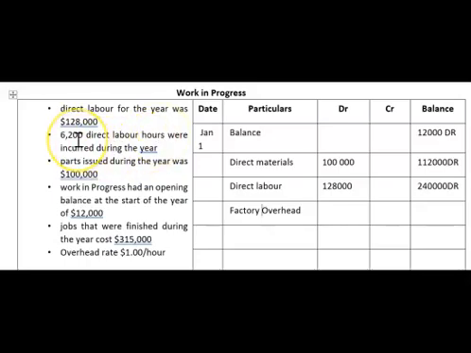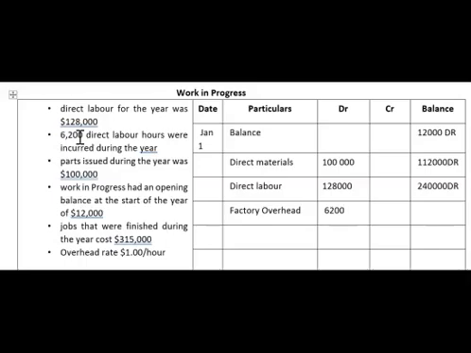So the actual labor hours used was 6,200 and the rate we estimate is $1. So our factory overhead will come to 6,200. Rate times the actual cost driver, and in this case our cost driver is direct labor hours.